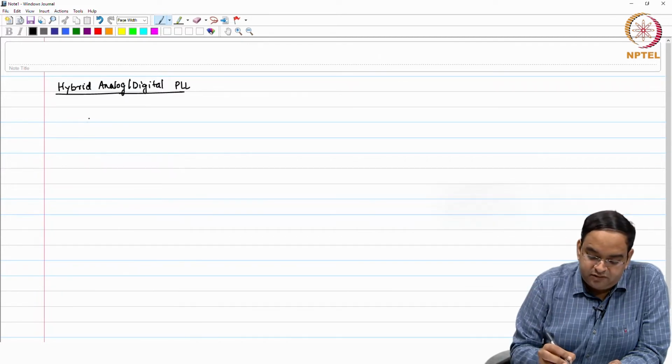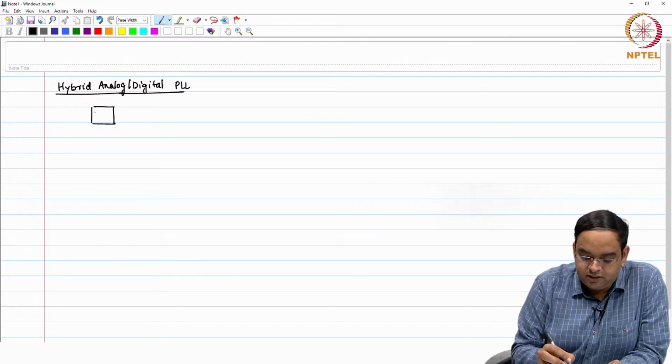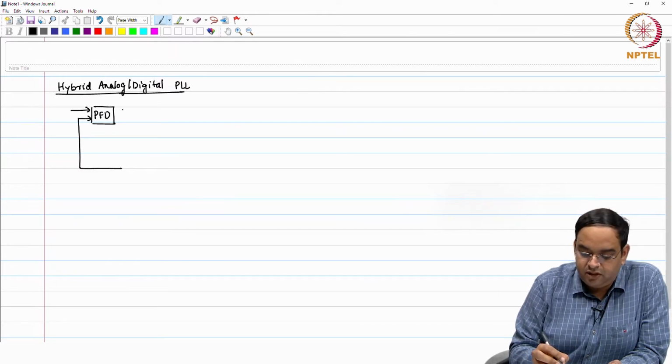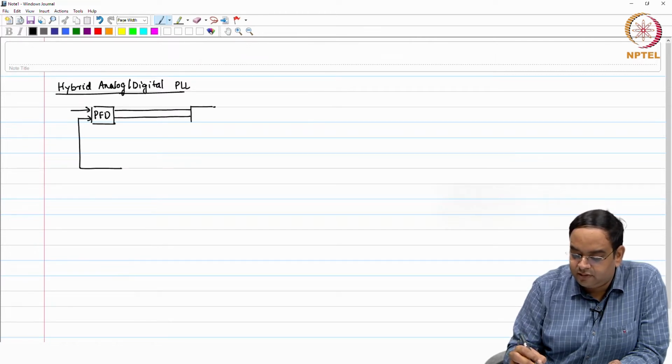Here we had the PFT, the implementation of the PFT we have seen, and then you had this feedback path from here. The PFT output goes to a DAC which I called the proportional path DAC or PDAC.